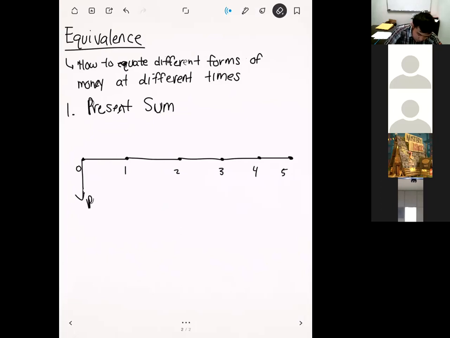Here I have a cost that's taking place on the present day. This is a present sum of money because it's an amount that's happening at a single point in time.